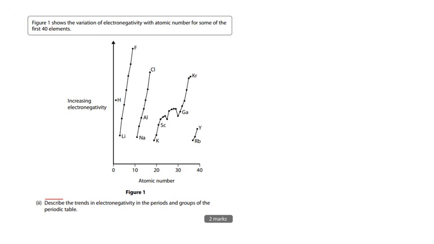So the trends: in a group, here you've got fluorine, chlorine, we haven't got bromine and iodine, but going down a group, they're in group 7, the electronegativity gets less. Along a period, if we have a look at period 2, from lithium to fluorine, the electronegativity increases.